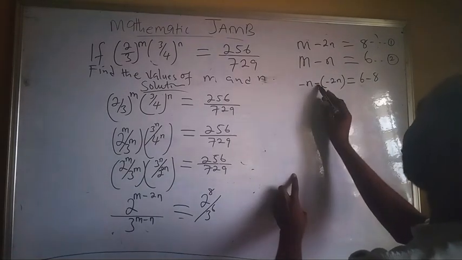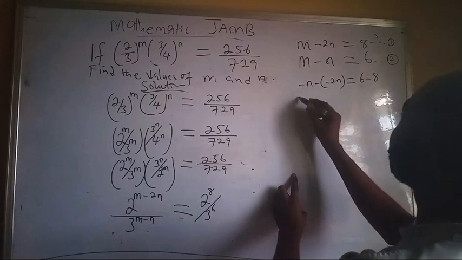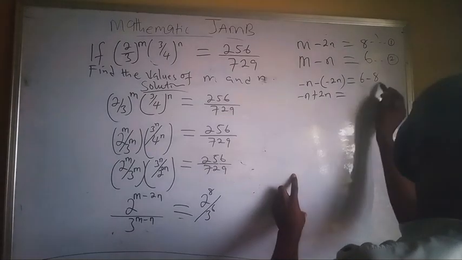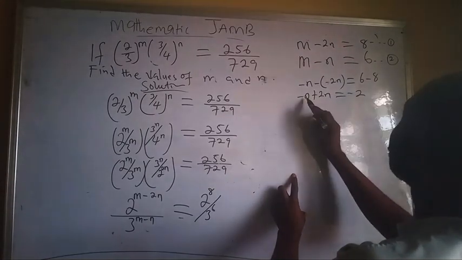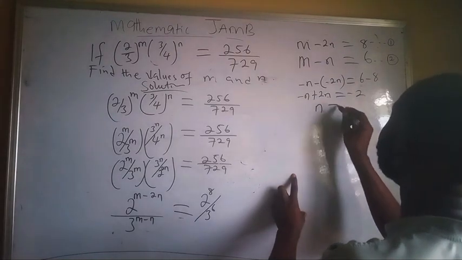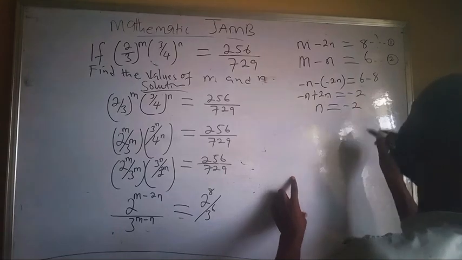So here minus, opening this will give you plus, so minus n plus 2n is equal to 6 minus 8, which will give you minus 2. So minus n plus 2n will give you n. So that will give you n is equal to minus 2.